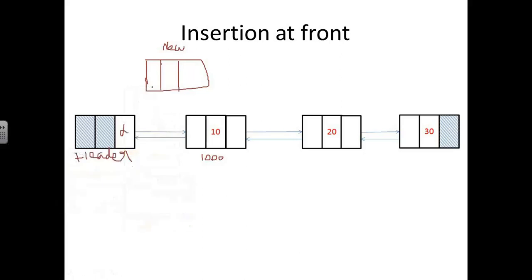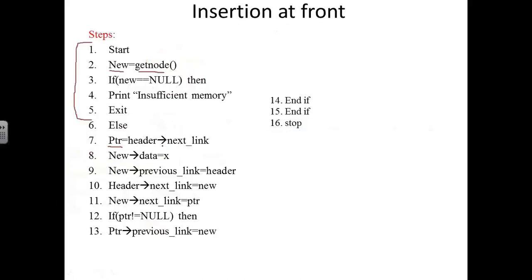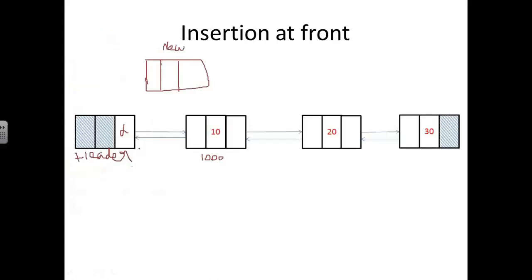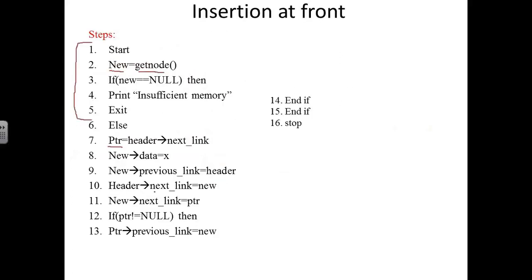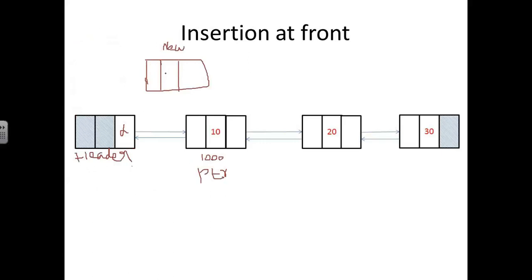Now, as per the algorithm, we move the pointer, so the pointer is now pointing to this particular value. Then new data will become x. So x is the element which we are going to insert; that is the new data field.